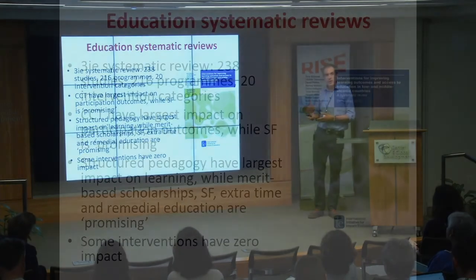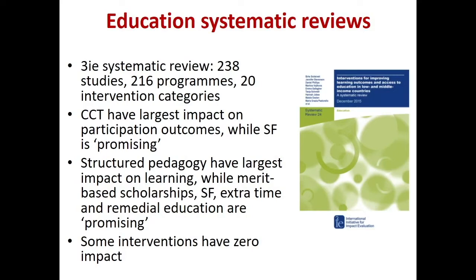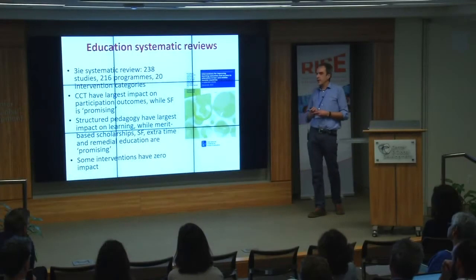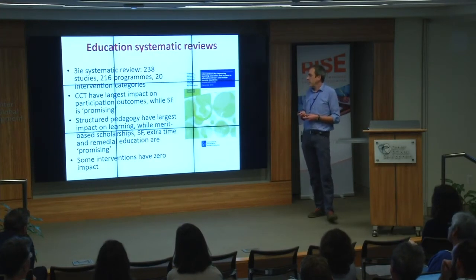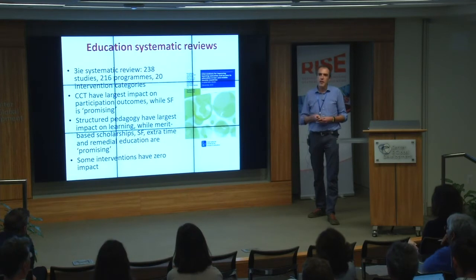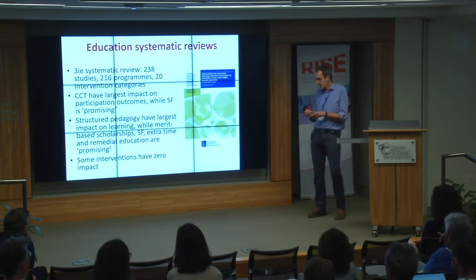The authors used a random effects meta-analysis and used the confidence interval to test the hypothesis of whether an intervention works or not. The conclusions are that when it comes to participation outcomes, cash transfers work, while school feeding is promising. These are the only interventions that turn out to be effective. And when it comes to learning outcomes, the conclusion is that structured pedagogy is effective. There are a number of other interventions that are also promising. That is based, as I said, on confidence interval testing.